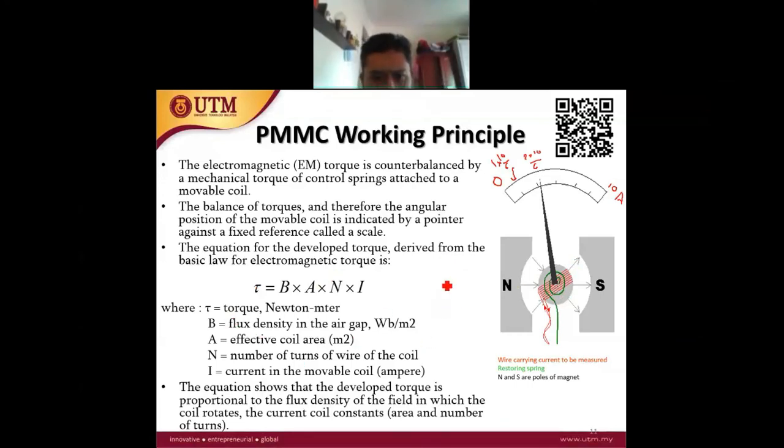The coil area is basically like a rectangle, and you can find the effective area by finding the length and width. It is also proportional to the number of turns, and also proportional to the current value, the current that flows into the movable coil.